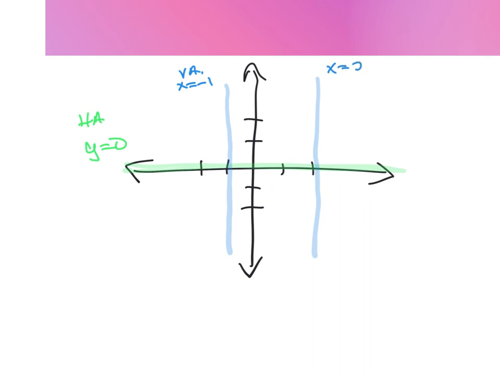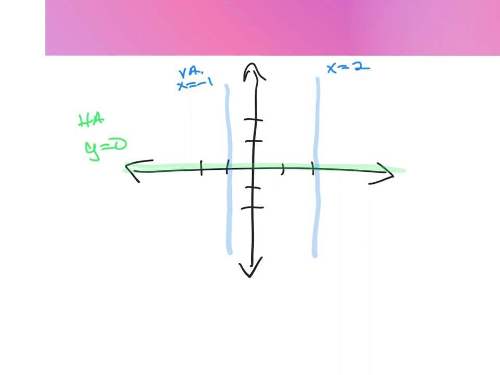So it's the x-axis here. And then I had two vertical asymptotes. One was located at negative 1, and one was located at positive 2. So I have one here at x equals negative 1, and another one at x equals 2.